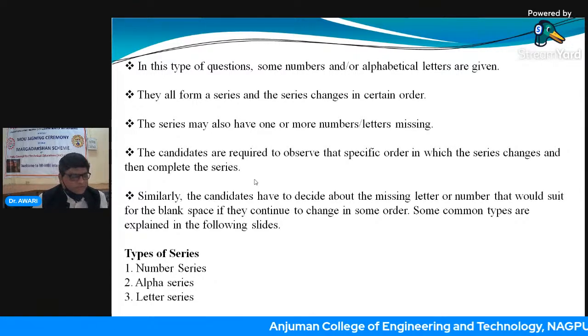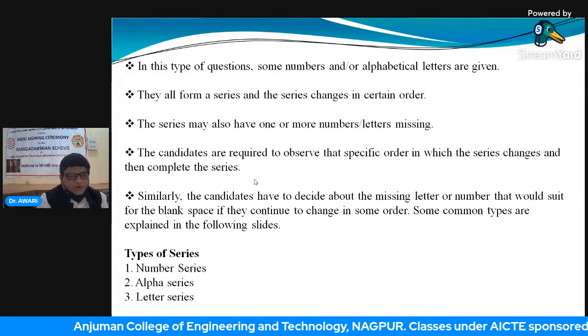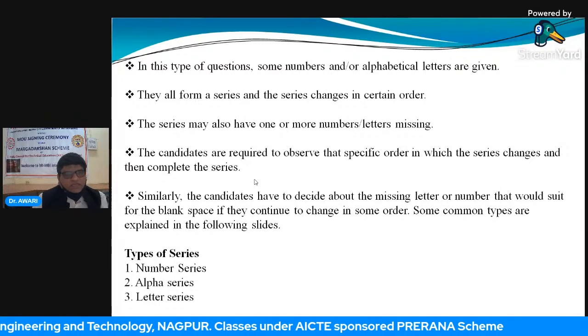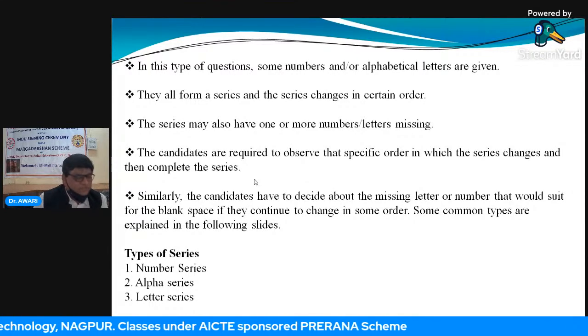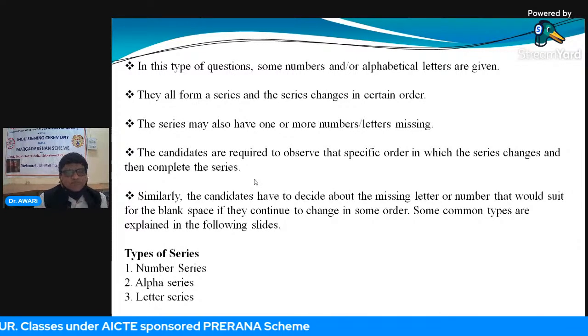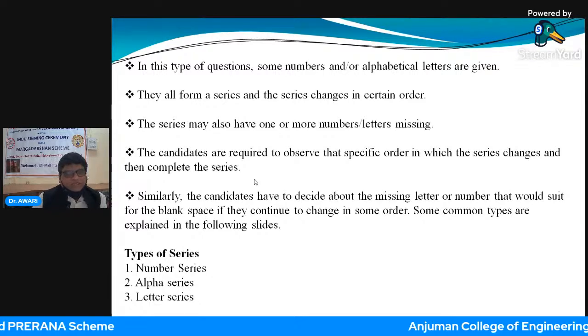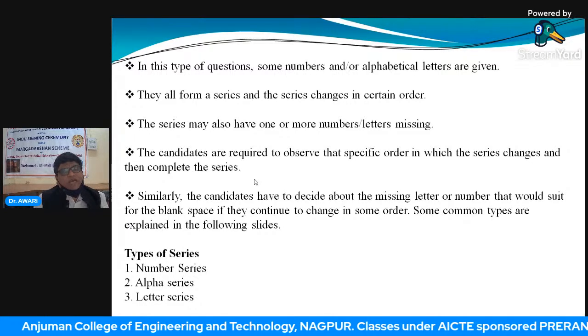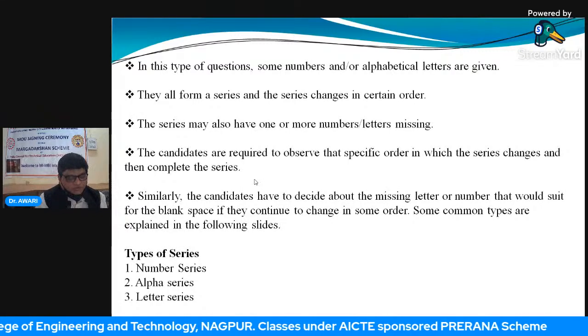Some common types explained in the following slide are the number series, then the alpha series and the letter series. In a number series, some numbers will be given to you, and either the missing number is to be identified by you, or otherwise the last number should be identified by you.